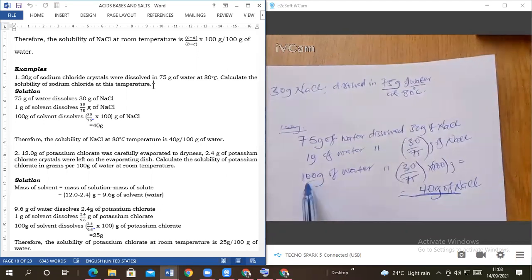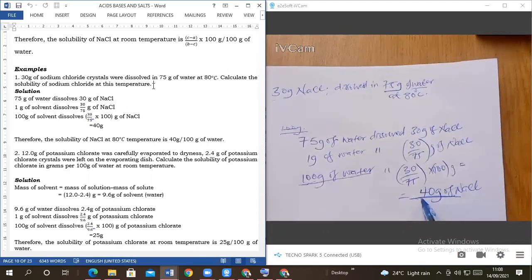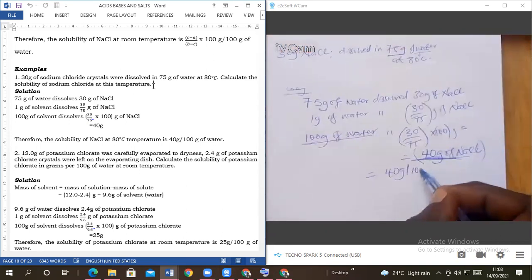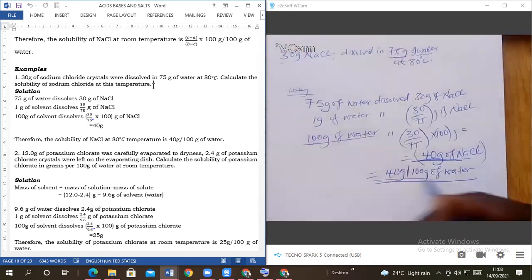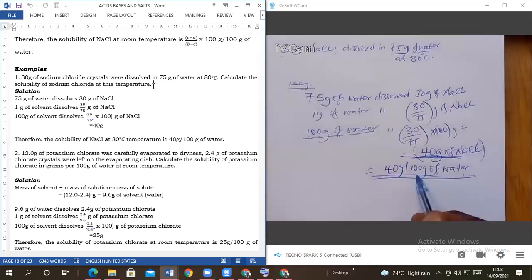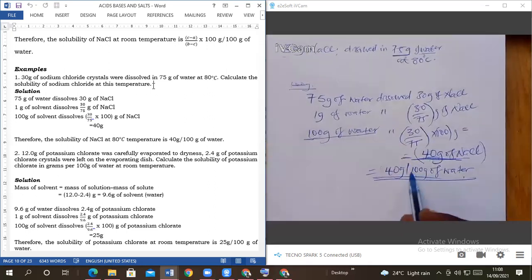So 100 grams of water can dissolve 40 grams of sodium chloride. That is solubility. So the solubility of this salt will be 40 grams in 100 grams of water. That is all.